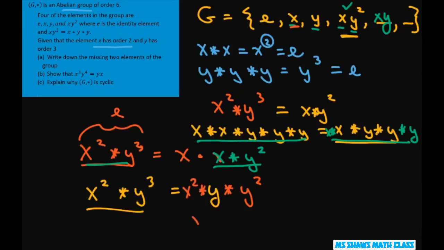So you get X squared star Y cubed. But in this case, this is E.